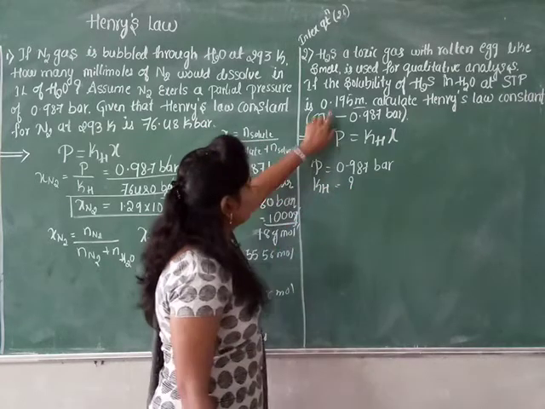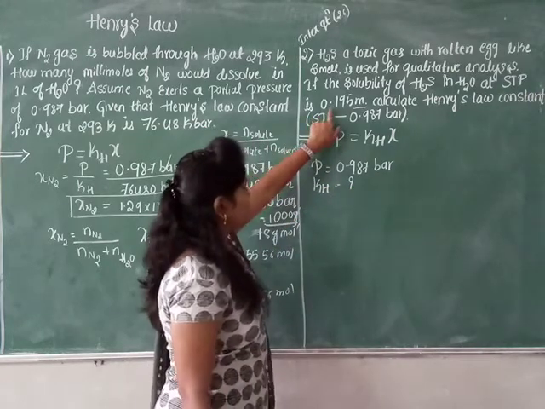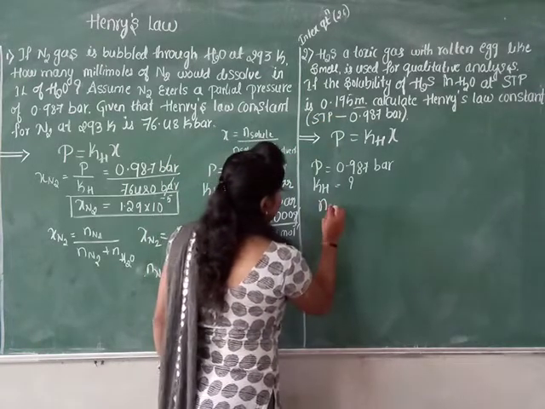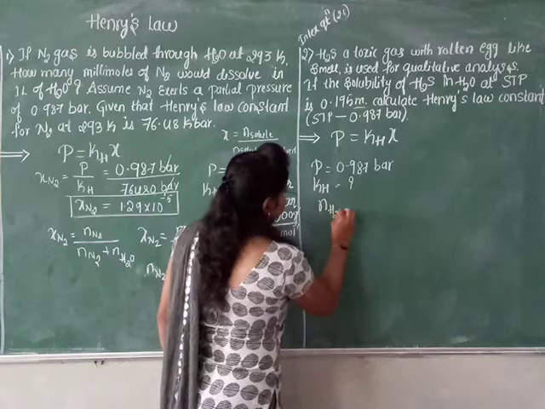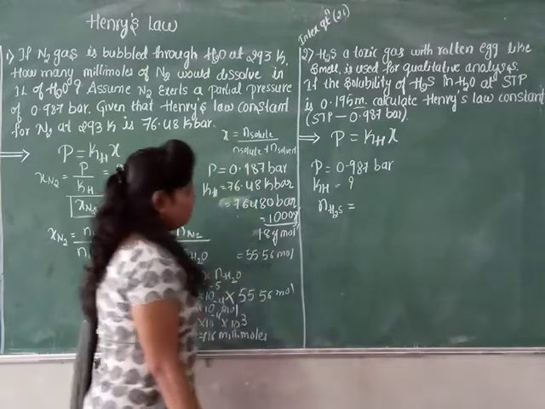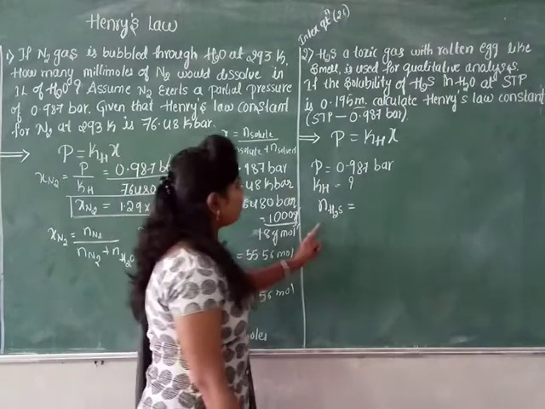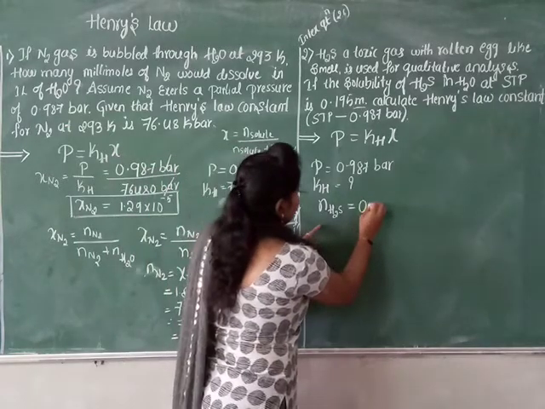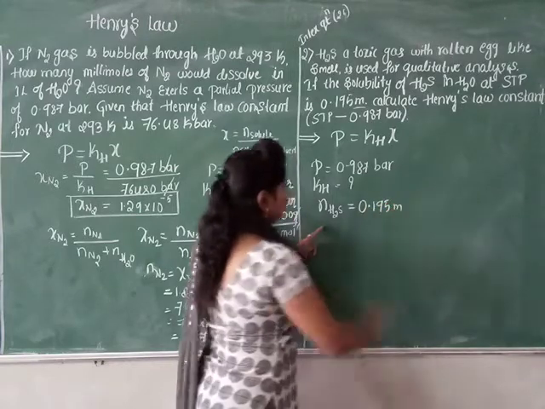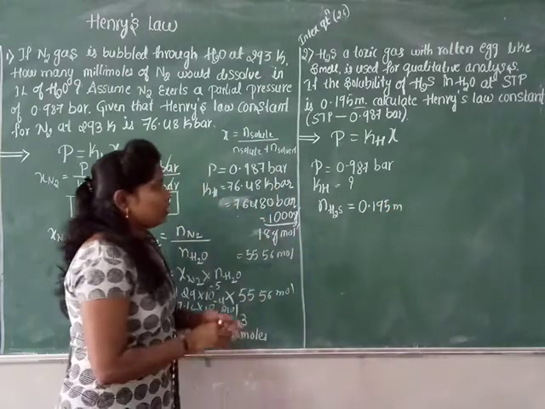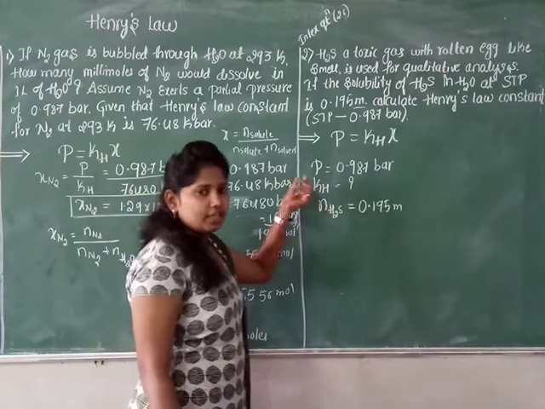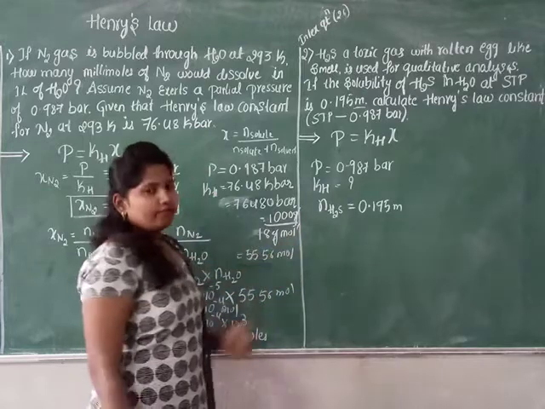And again, what they have given is the number of moles of H2S gas, that is N(H2S), the number of moles of hydrogen sulfide gas dissolved in water. How much? The concentration they have given is 0.195 m. Now, in order to calculate the kH, that is Henry's law constant, we have to find out the mole fraction first.